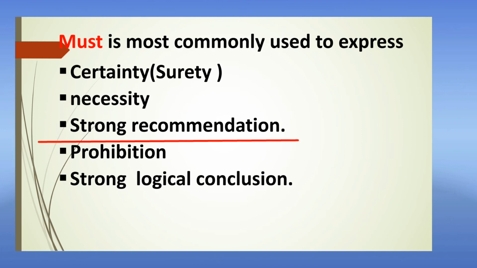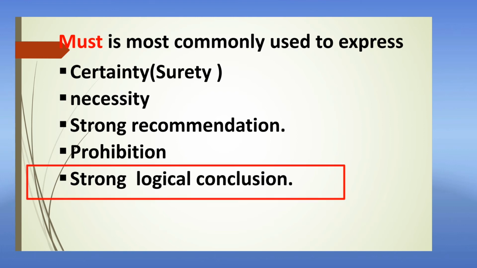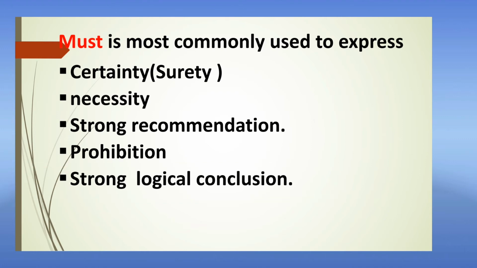Then prohibition. Prohibition means completely prohibited, 100% not allowed. The next one is strong logical conclusions. So these are all five major functions of the modal must.